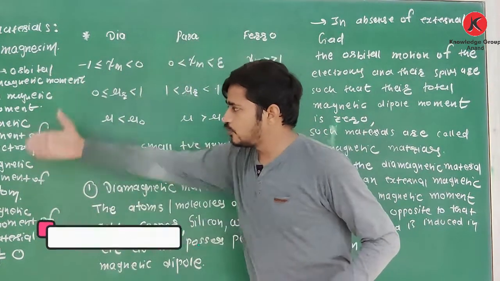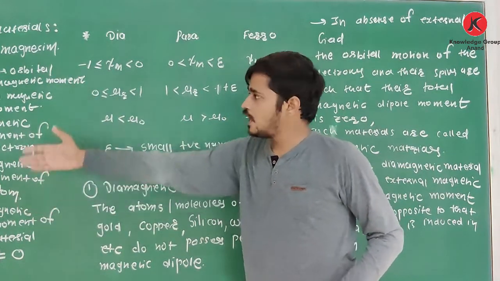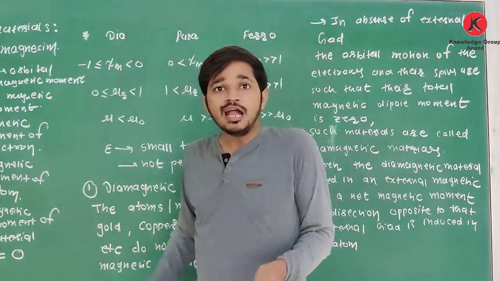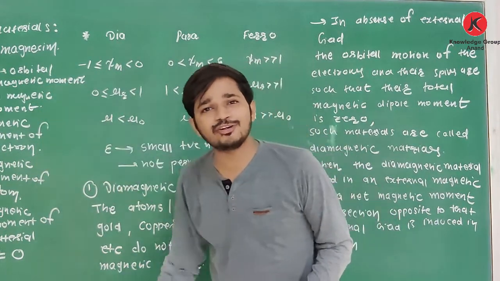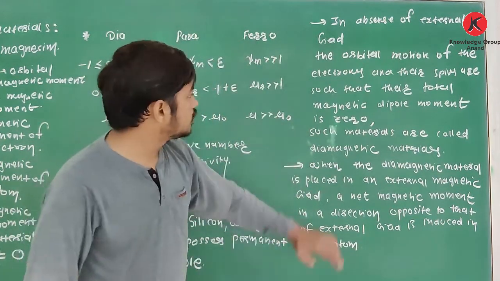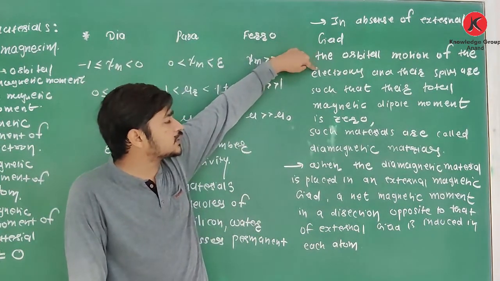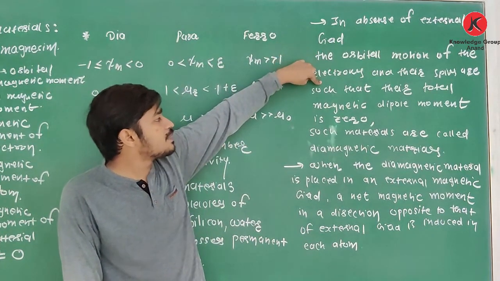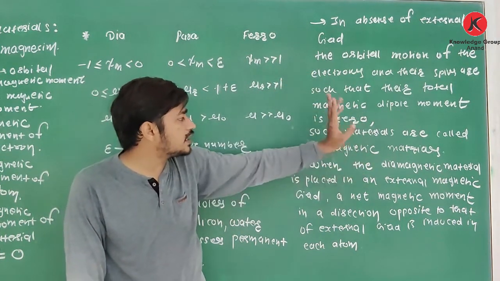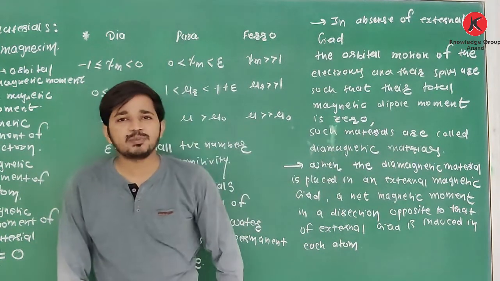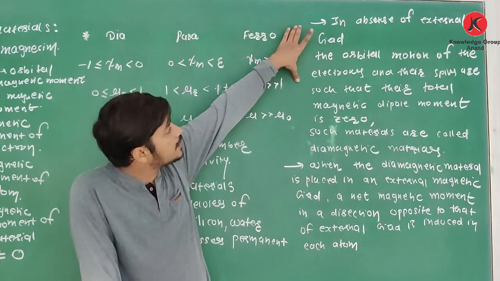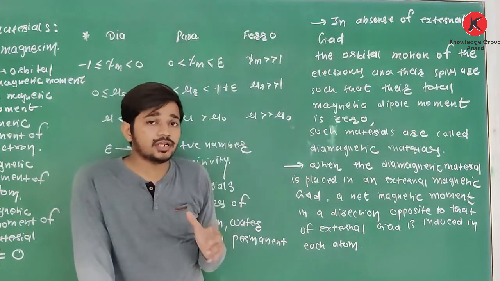First the magnetic moment of the electron, then of the atom, then of the material. If the magnetic moment of the electron is 0, then obviously the magnetic moment of the material is also 0. Such magnetic materials are called diamagnetic materials.